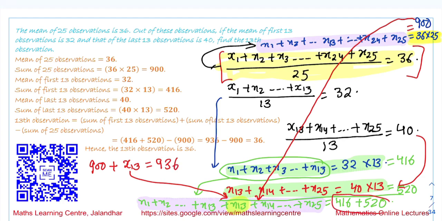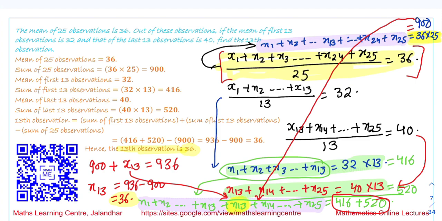So the value of x13 is 936 minus 900, and the answer is 36. So the 13th observation is 36.